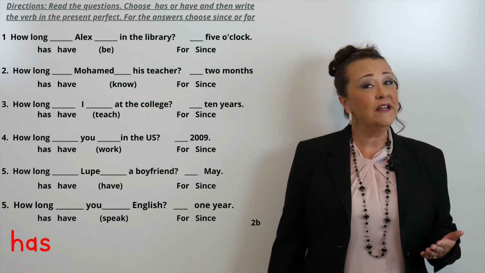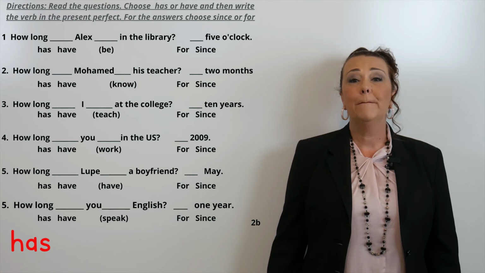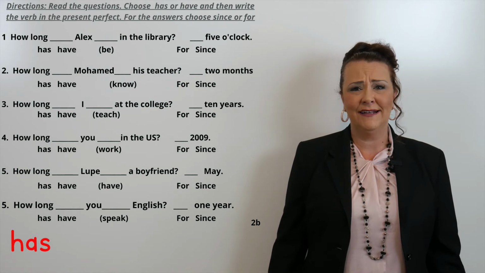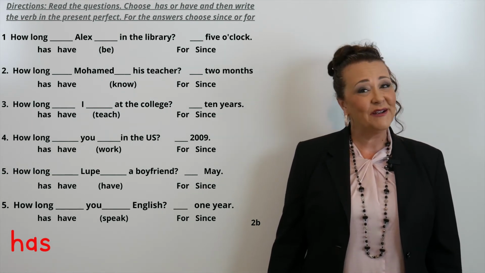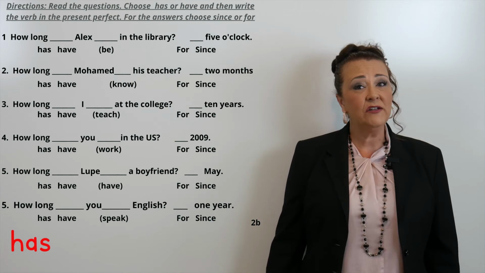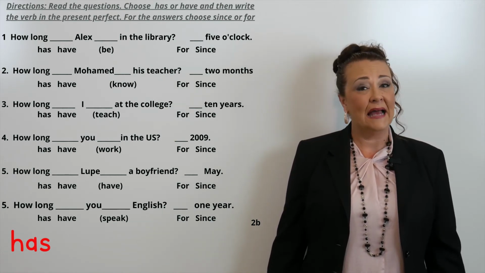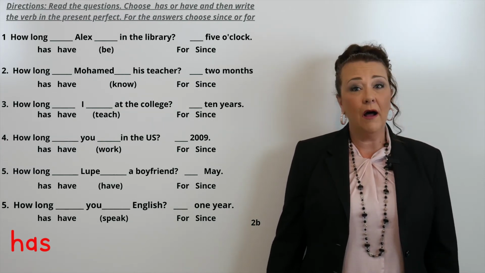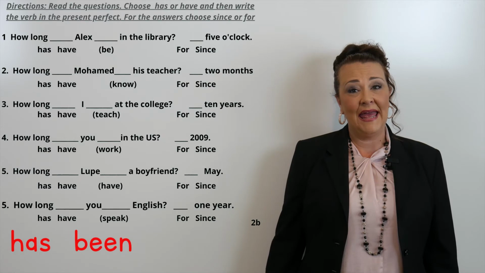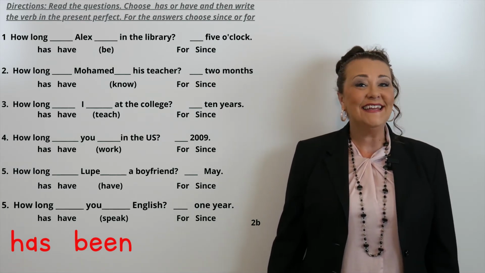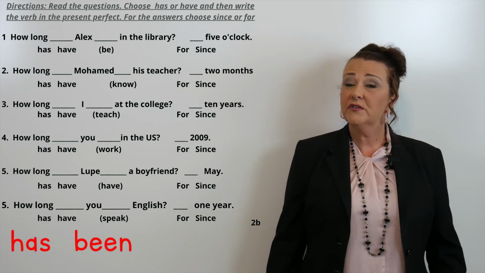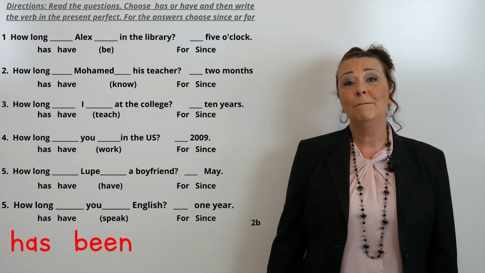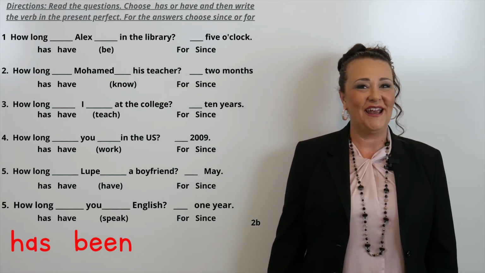And look underneath the blank and you see the verb be. Now we can't say, how long has Alex be in the library? No, we need to change the verb be to the past participle. So the past participle of be is been, spelled B-E-E-N. So now the sentence says, how long has Alex been in the library?